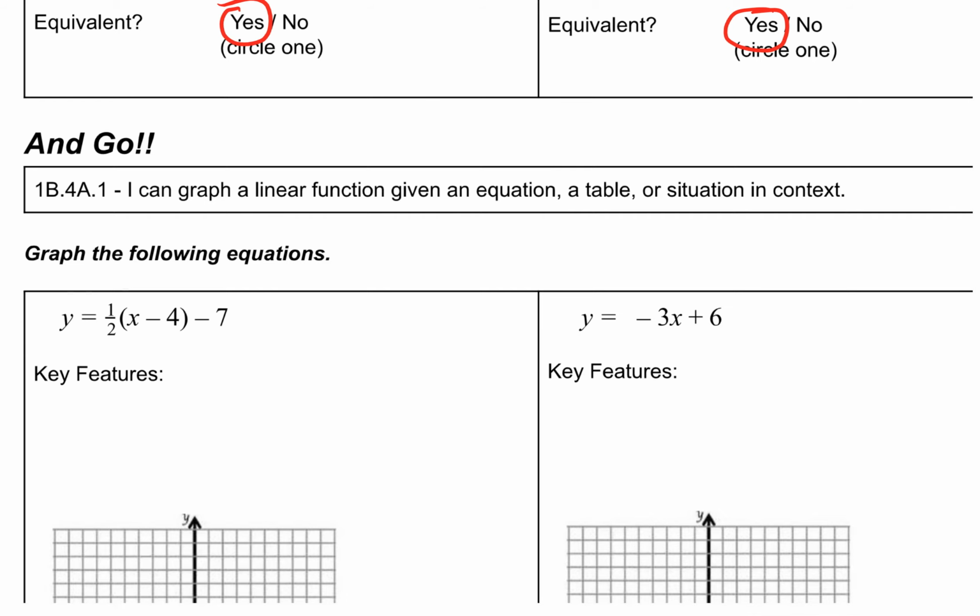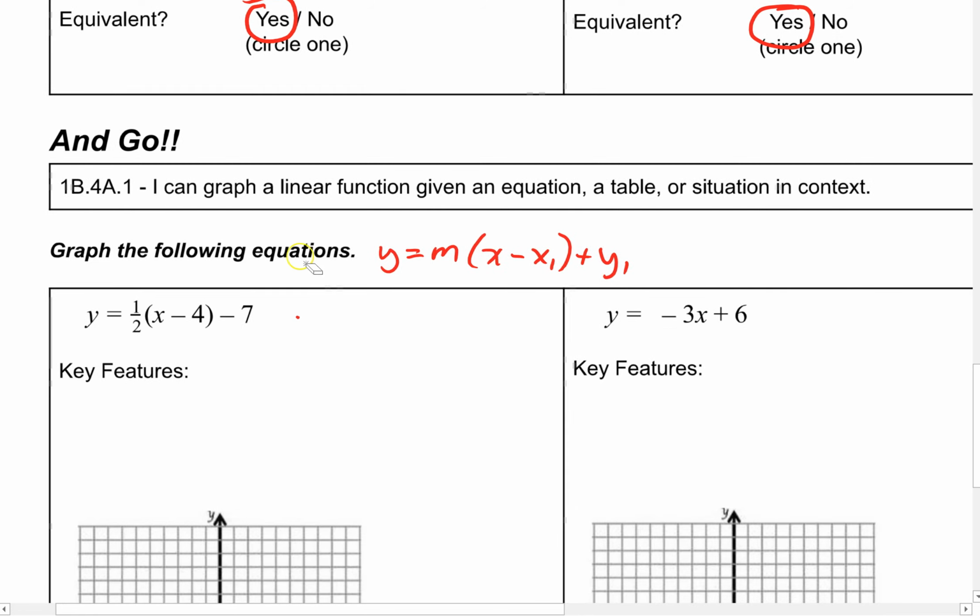The first problem here, y equals 1/2 times x minus 4, minus 7, looks very much like what we had for our point slope form of a line, and indeed it is. You probably have seen more of these equations written backwards. You can write it either way, of course.